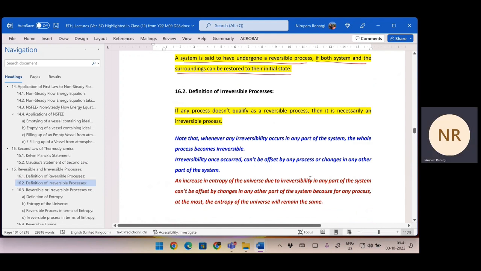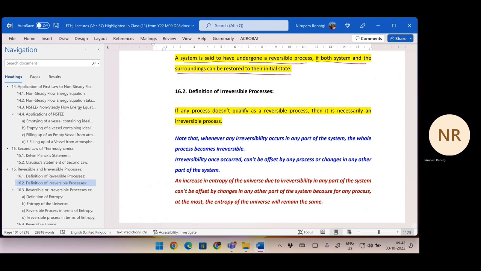Then there are some important observations to be made, and we will understand them later on, but we can just review them here also. Whenever any irreversibility occurs in any part of the system, the process becomes irreversible. If anywhere there is an irreversibility, then the whole process, if it includes that irreversible process, becomes irreversible.